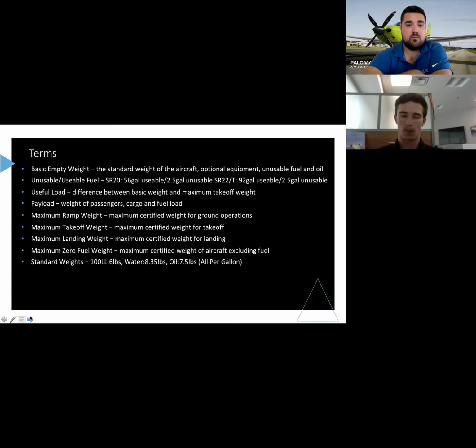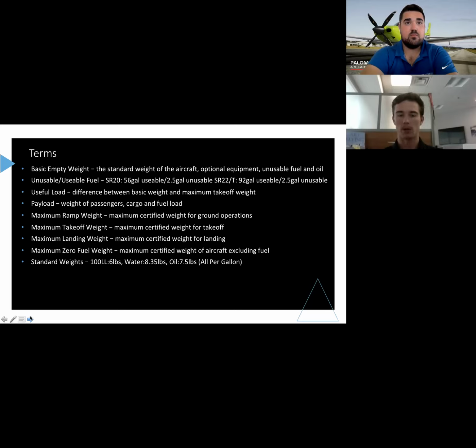A couple other terms, we've got the basic empty weight. That is going to be the standard weight of the aircraft, including optional equipment and unusable fuel, oil, and so on. Next, we have unusable and usable fuel.